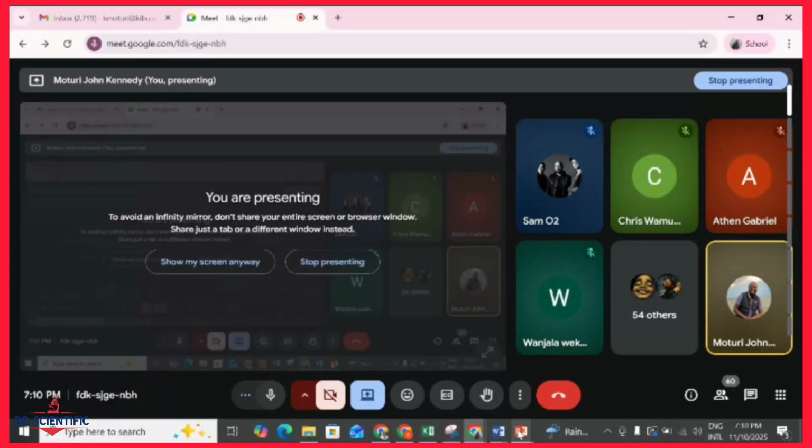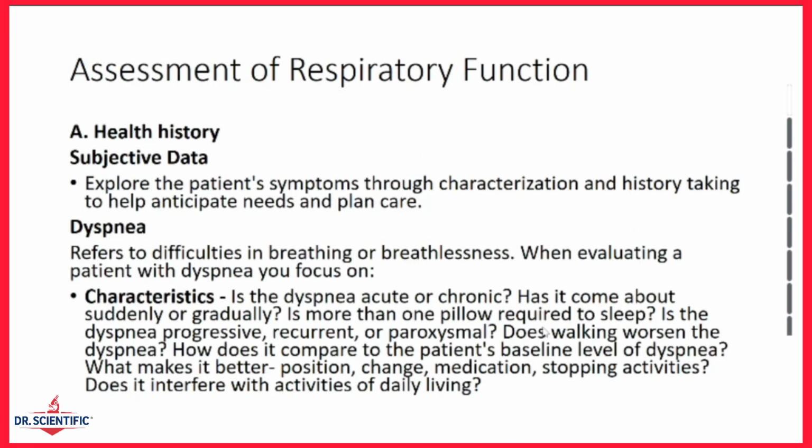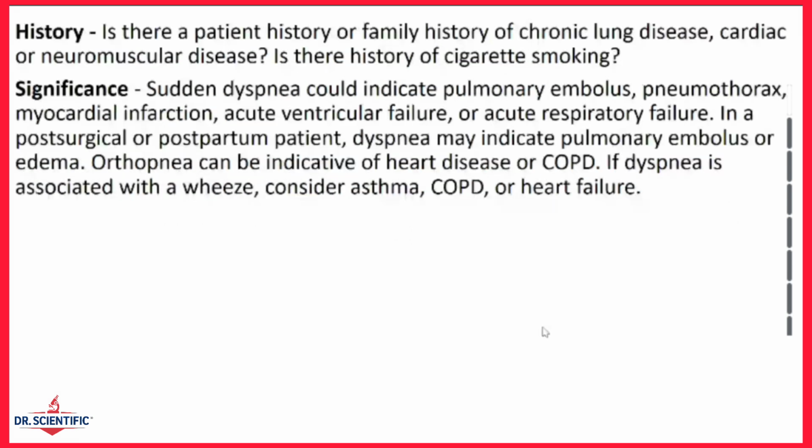So it is important you get to evaluate that dyspnea. How is dyspnea significant to respiratory diseases? So many diseases can present with dyspnea, and this is where, again, your history taking is very crucial.